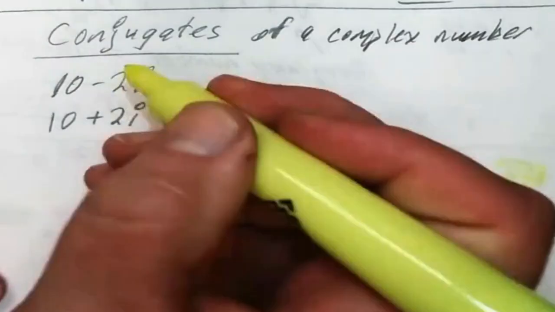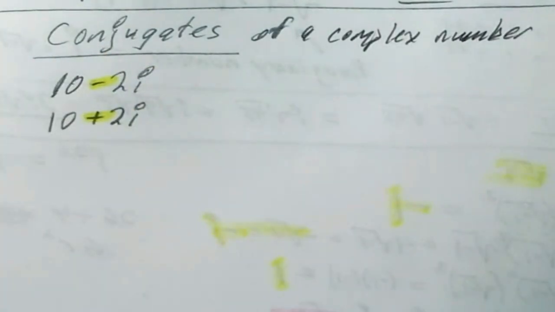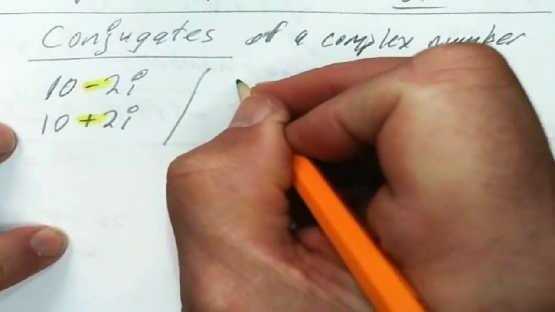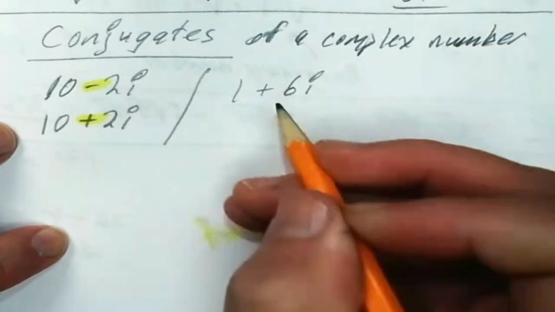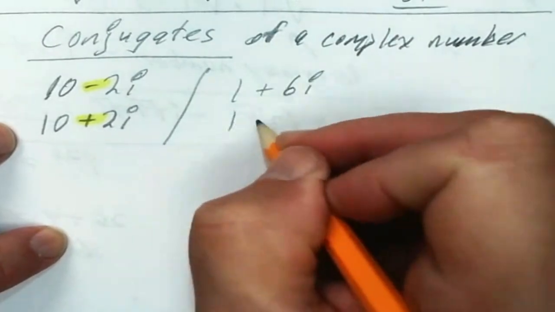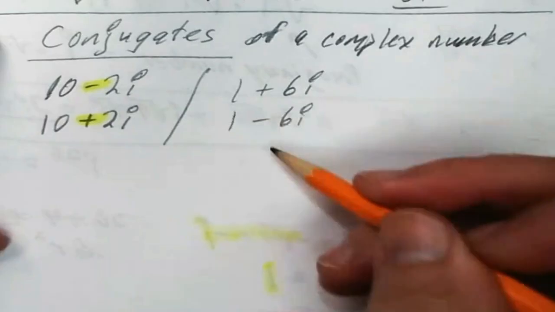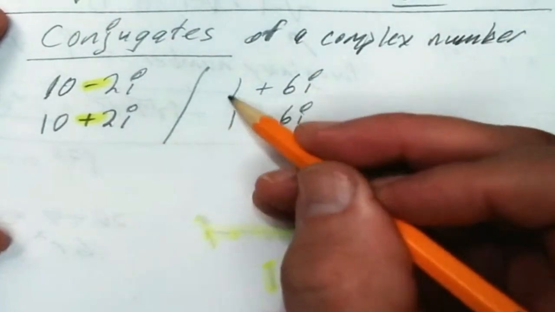This one had a negative 2i. This one has a positive 2i. If we have 1 plus 6i, its conjugate is 1 minus 6i. One will be positive, one will be negative, but just the imaginary part. These are both positive this time.